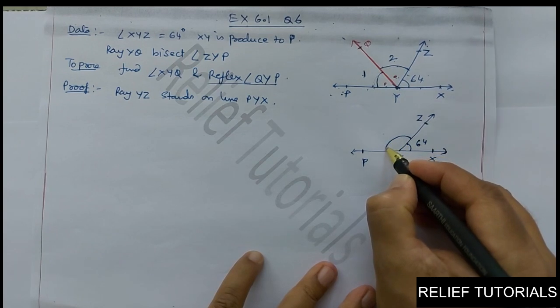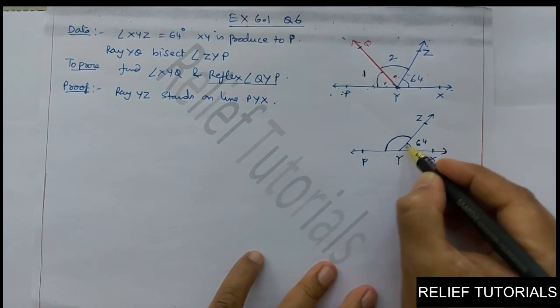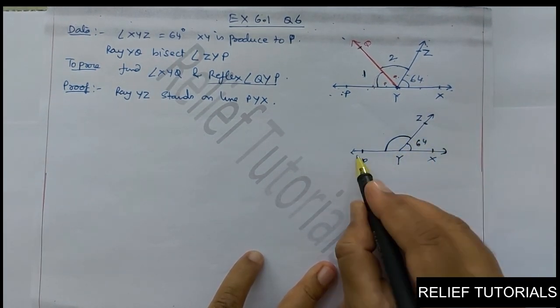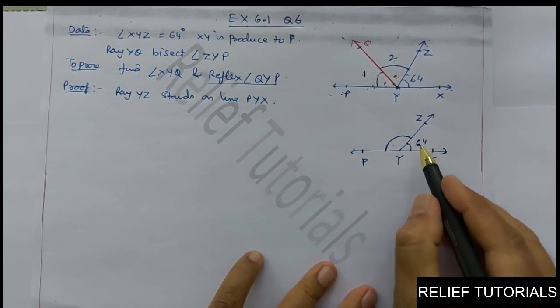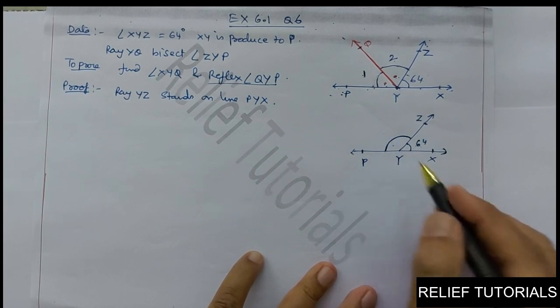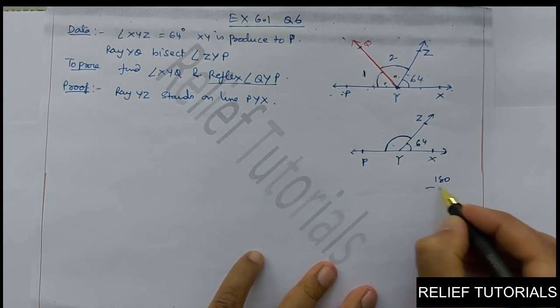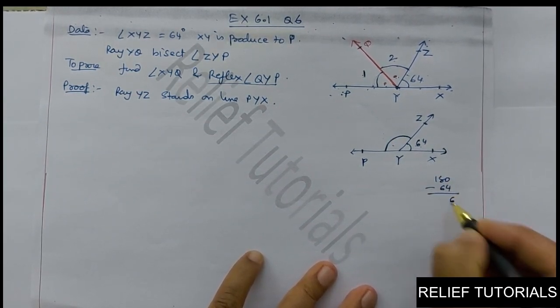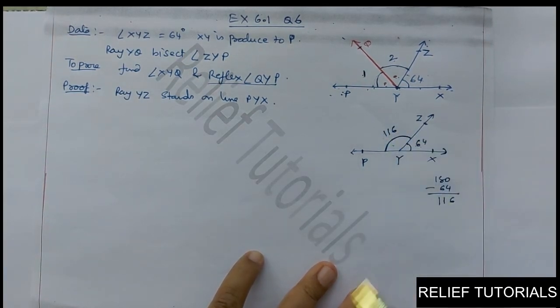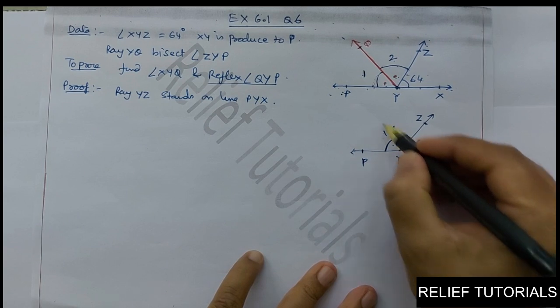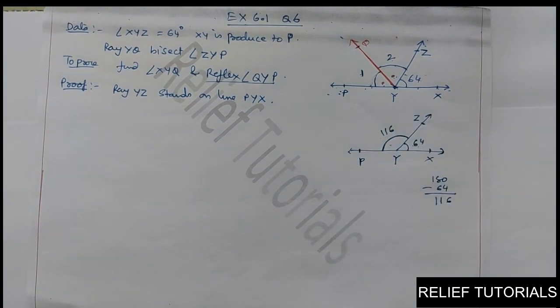So we will be able to find this. Why? Because YZ is a ray standing on a line, so the sum of 2 adjacent angles is 180 degrees. So this is 64, so this angle will be 180 minus 64. So that will be 116. So you will get 116. Clear? Now this is a bisector. YQ is a bisector.